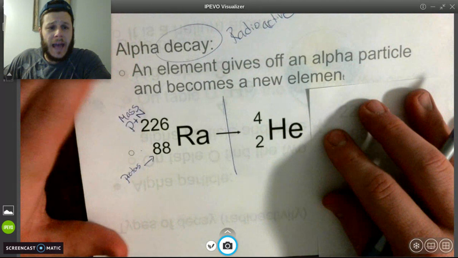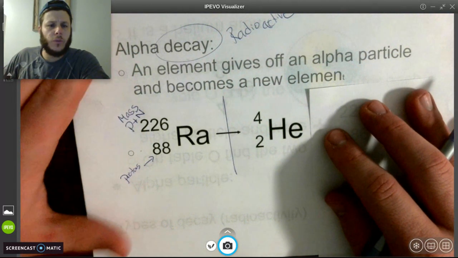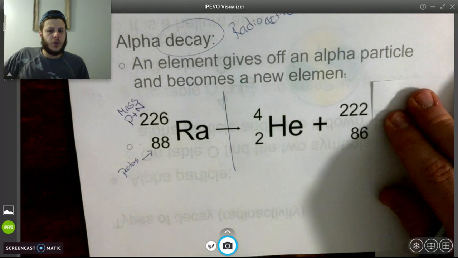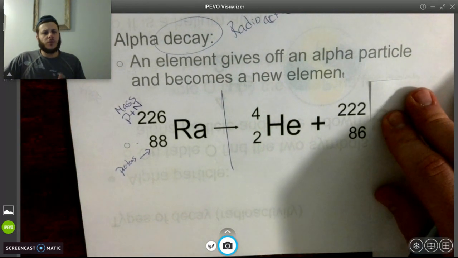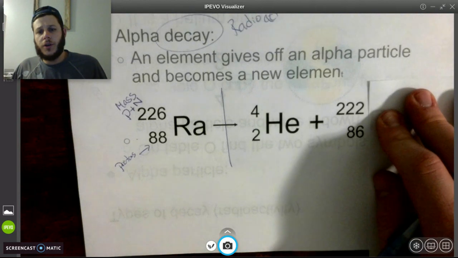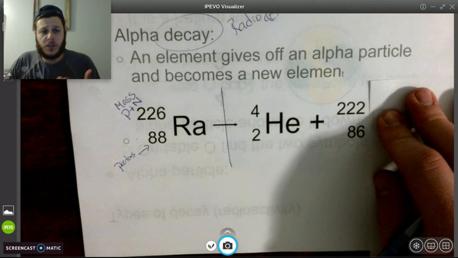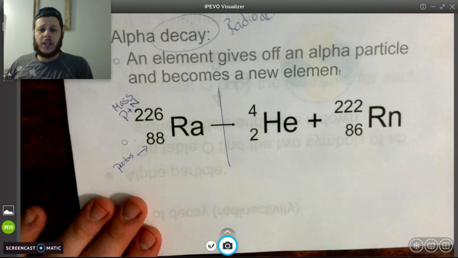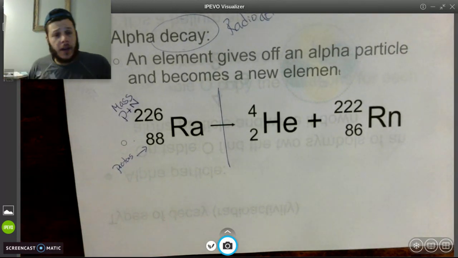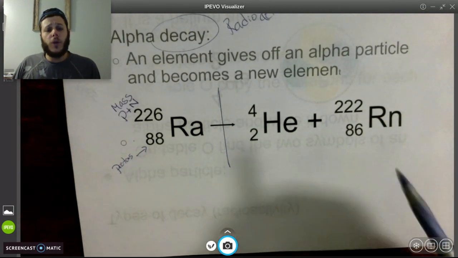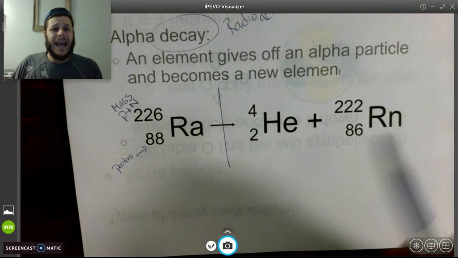So just by doing math, and I'm going to write this all out for you when we actually start to practice this, those are the top and bottom numbers. Those are the mass numbers and the atomic numbers that you should be left with. Then, using our resources and the skills we already know, go to the reference table and find that atomic number 86 belongs to Rn, and we've completed our first nuclear equation for an alpha decay.